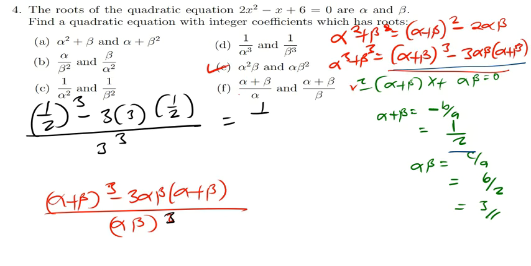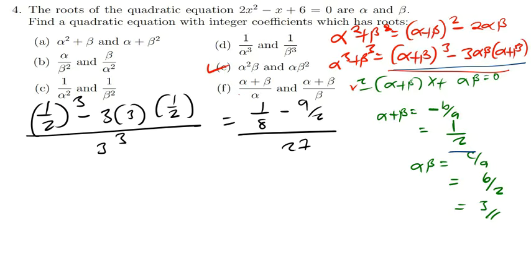That becomes 1 over 8 minus 9 over 2. Then I divide this by 3 raised to the power 3, which is 27. So what we actually have is 1 over 8 minus 9 over 2.